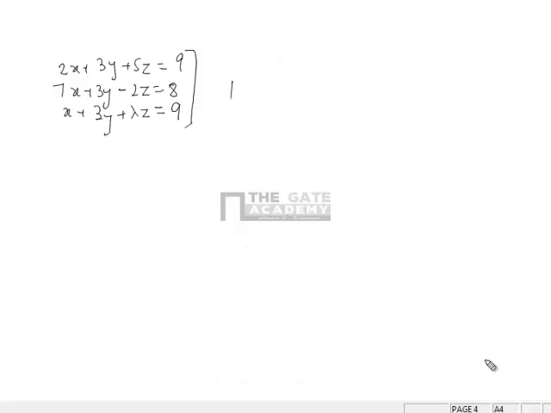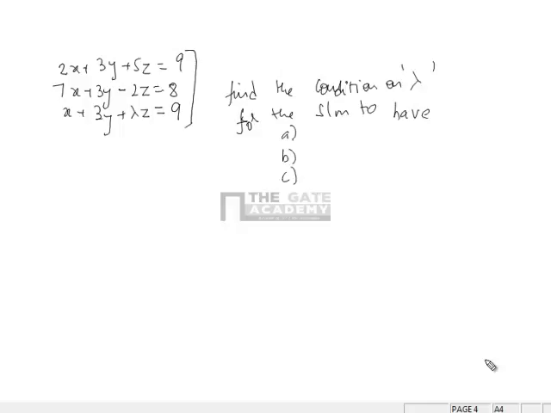Now, find the condition on lambda for the system to have (A) unique solution, (B) no solution, (C) infinite solutions.